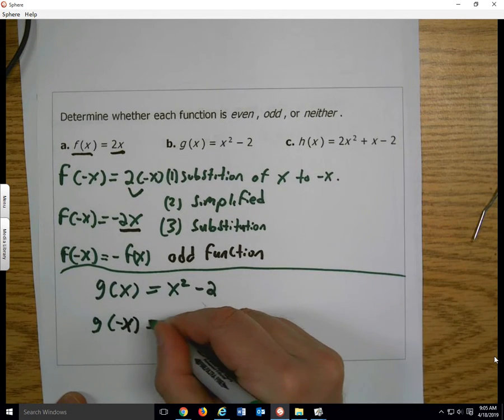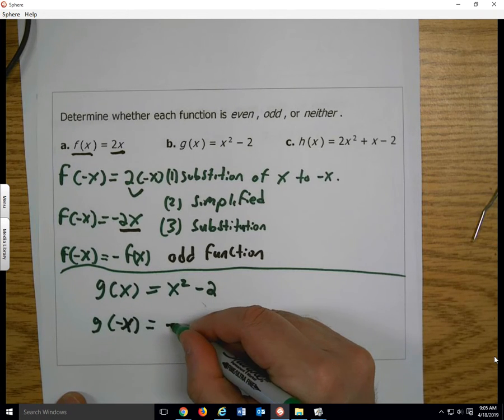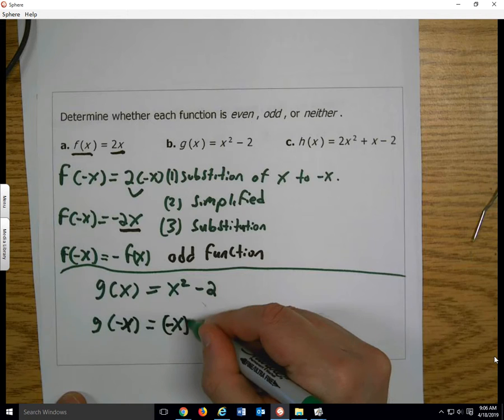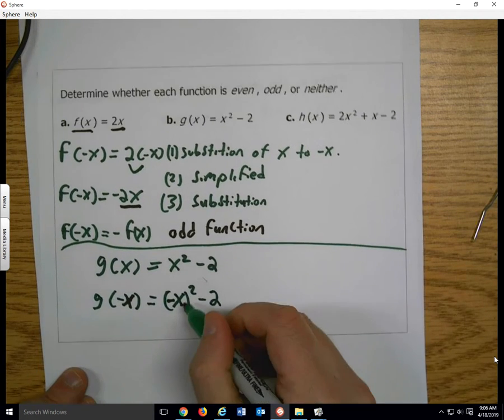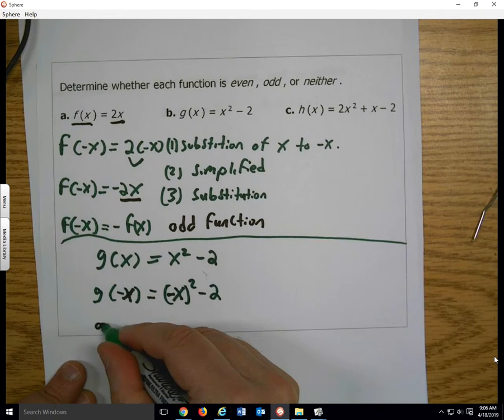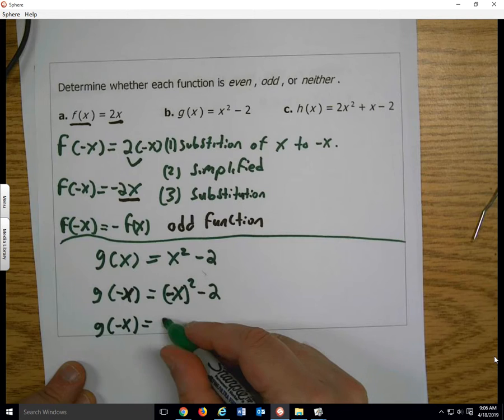Okay. And so same thing on this side. The x becomes a negative x. And then a negative x squared, well, negative times a negative would just be a positive.